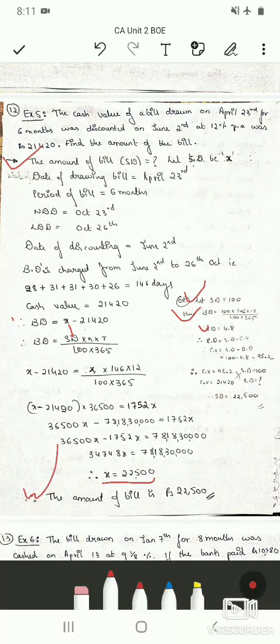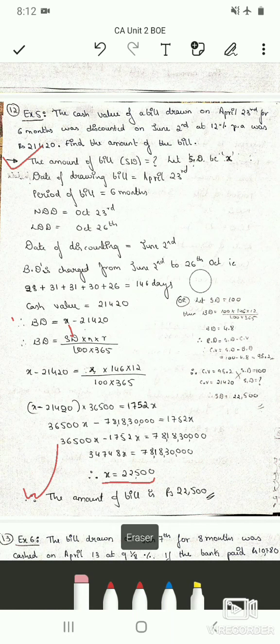Now we know banker's discount is nothing but sum due minus cash value. So we got banker's discount, we have sum due as 100, therefore cash value will be sum due minus banker's discount. So what is cash value? It is 100 minus 4.8, which is 95.2.